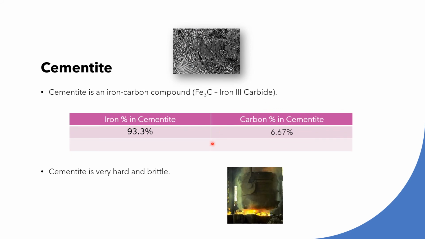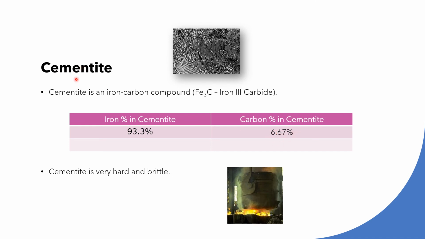Cementite. Cementite is an iron-carbon compound, and we call it Fe3C, iron carbide. A chemical name. We have 93.3% iron and 6.67% carbon. Can you see the carbon percentage going up?